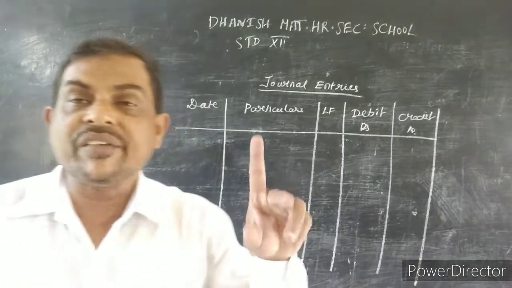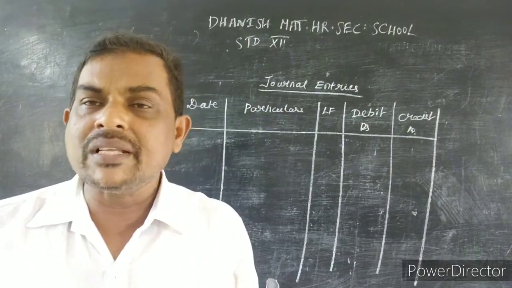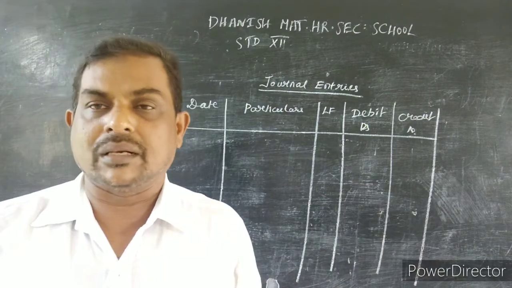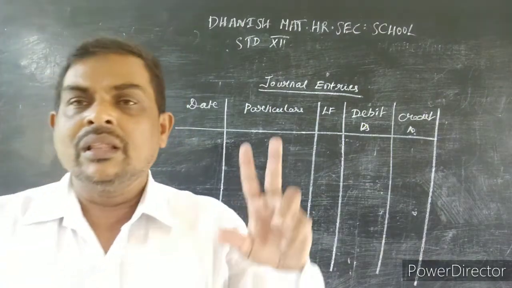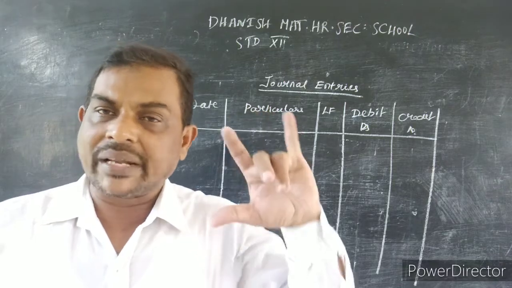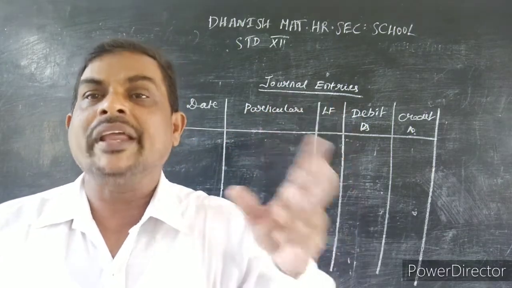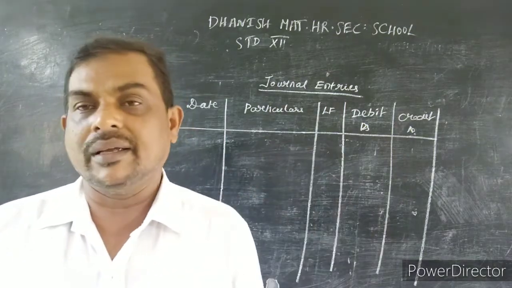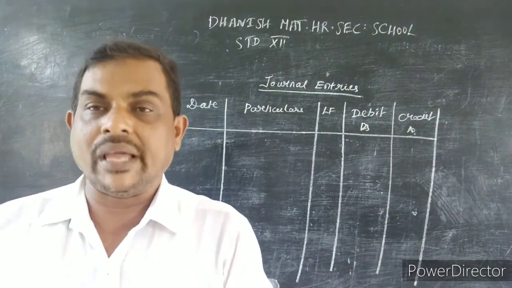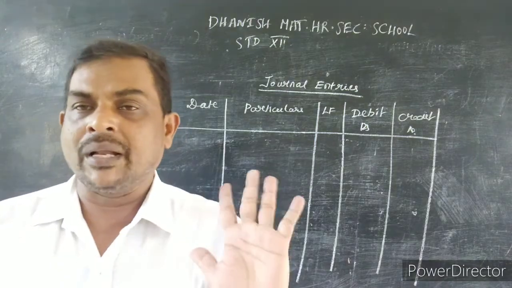In this sum, they have given the current account also. So it means they are following the fixed capital method. Do you understand or not? In this Illustration 5, 2 details they have given, capital account and current account. It means they are following the fixed capital method. Okay, we understood: they are following the fixed capital method.